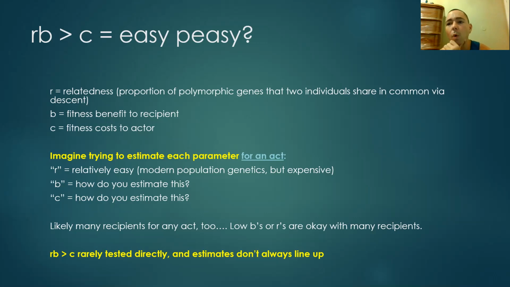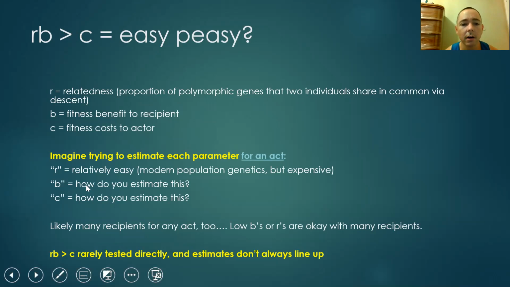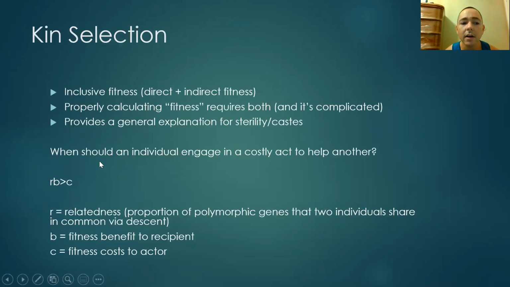And that turns out to be important because this inequality over here seems to think that there's only one relatedness and one benefit. But the reality is that there's going to be many of you, right? So if there's a small benefit and a small relatedness, but there's a whole bunch of recipients, then those values can be very small and the costly trait for me can still spread.